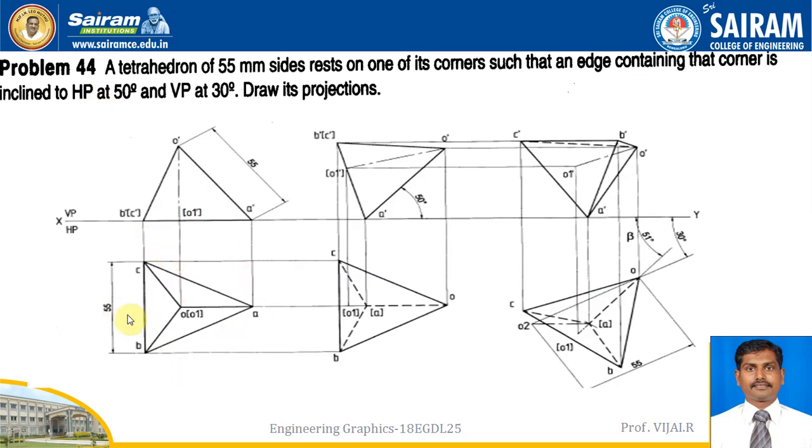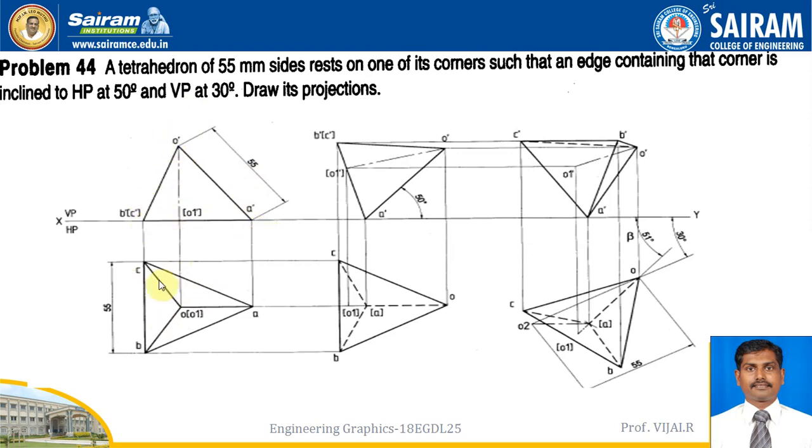Draw the top view by selecting the tetrahedron of 55 mm side. Just draw a vertical line, and from a point 55 we will make it. Since it is 55 on each side, we go with the compass and draw, join all the lines, and you will get the center axis. But in this front view we cannot take 55 directly.